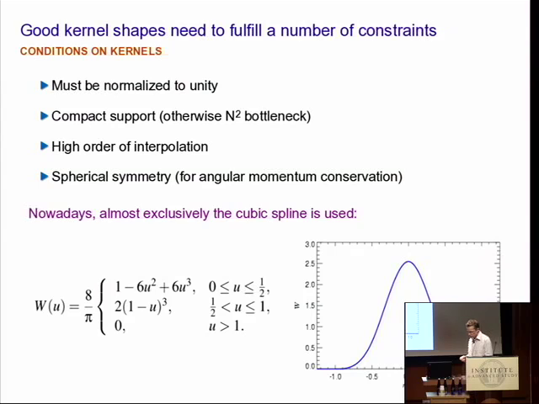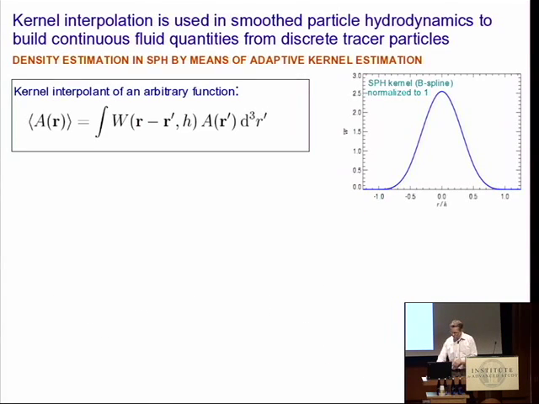Some words on the kernel. This clearly should be normalized to unity. It is very important to have a compact support, mostly for algorithmic reasons. If it doesn't, say if you would use a Gaussian, you would run into an n-squared bottleneck because all other particles would contribute to the sum, right?